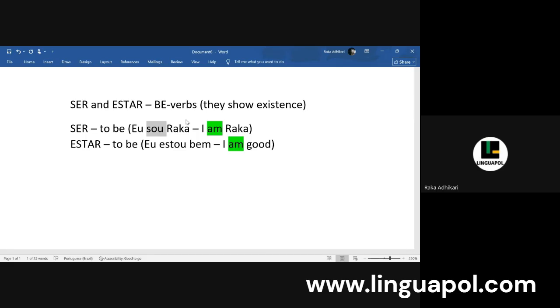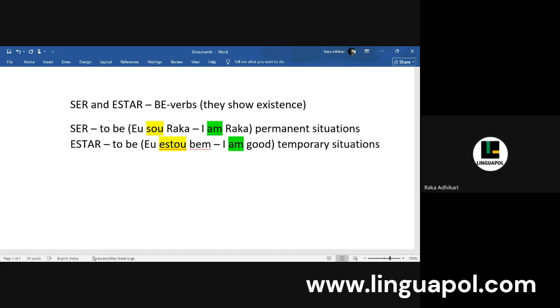In the first case, I am using sou, whereas in the second case, I'm using estou. So there is a subtle difference between these two verbs because the meaning is the same, but we use them in different contexts. Ser will be used for permanent situations, and estar is used for temporary situations.